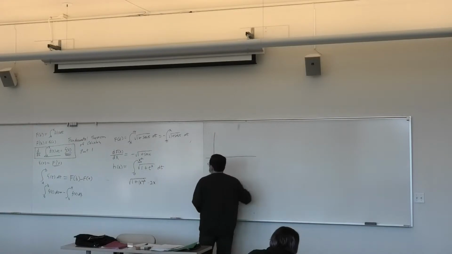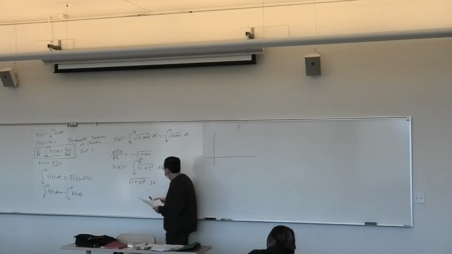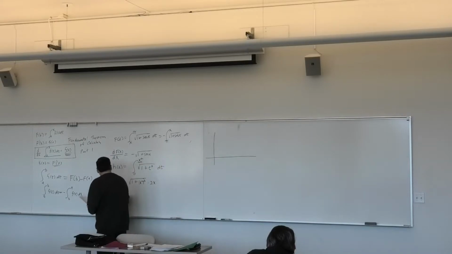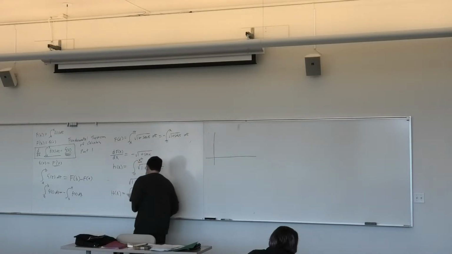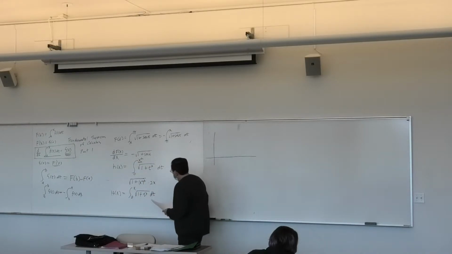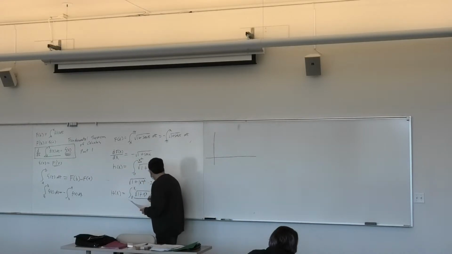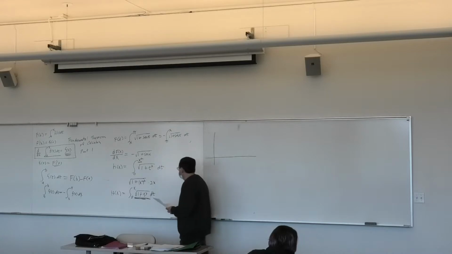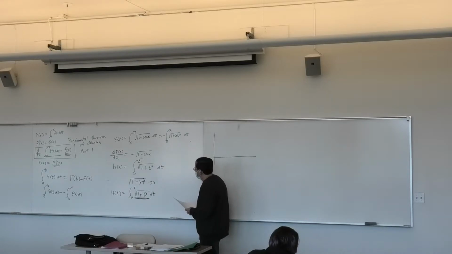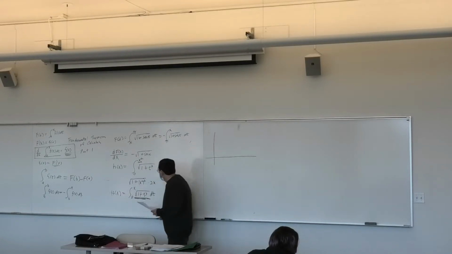So I have this function, I'm calling it capital H of x. Well, let's look at this function for which this is the antiderivative. Is that right? No, this is just the area function.